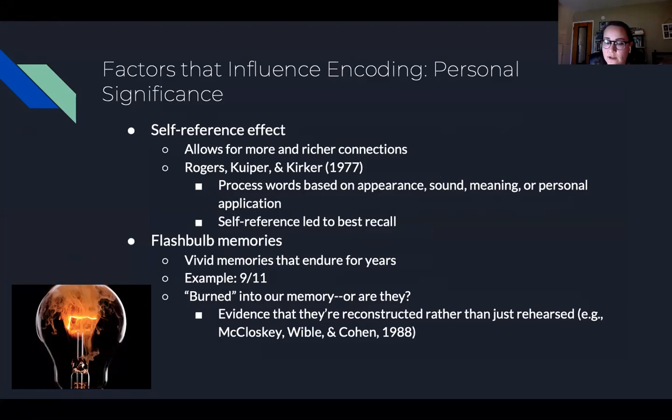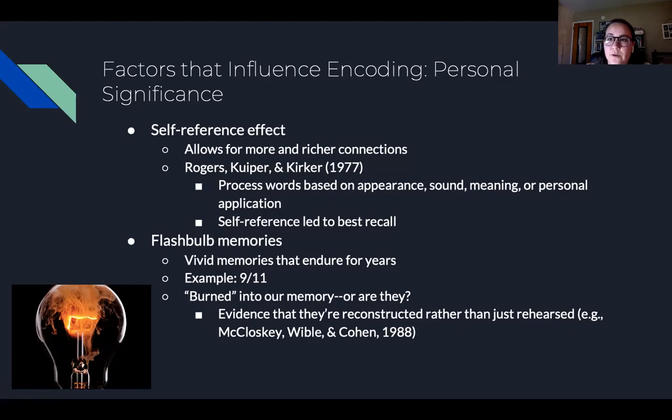That means we're focused on ourselves, not necessarily in a selfish way. But when things or events are related to us, we're actually better able to remember them. So when we're the main character of our story, we're better able to have these really rich, well-remembered connections between things.